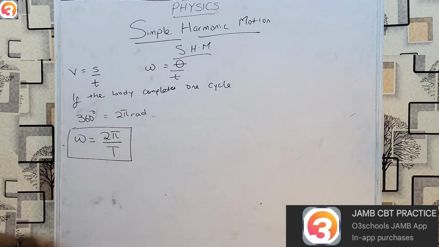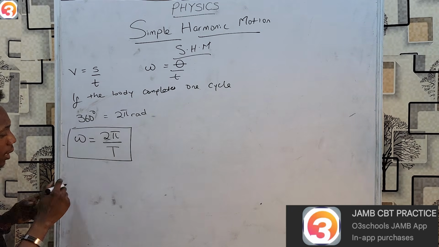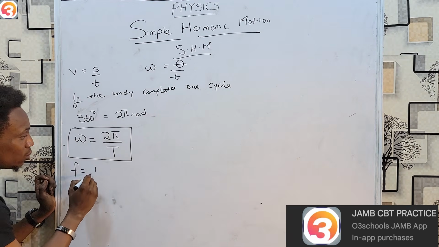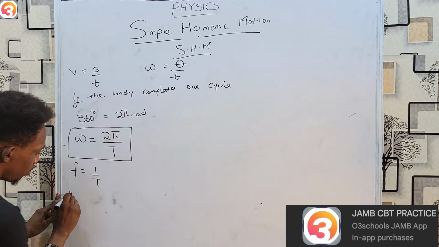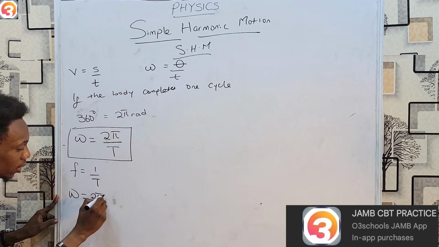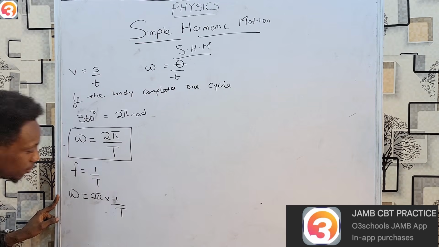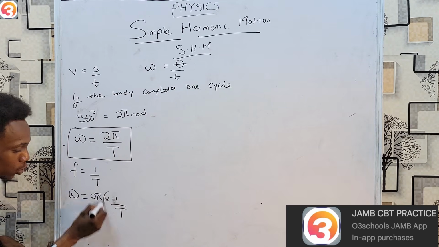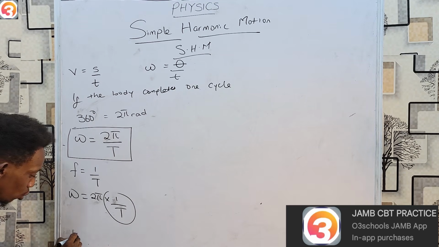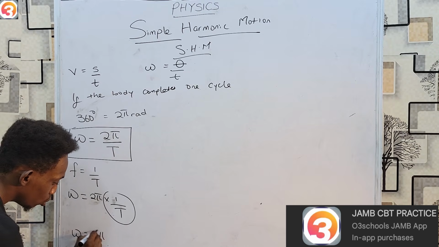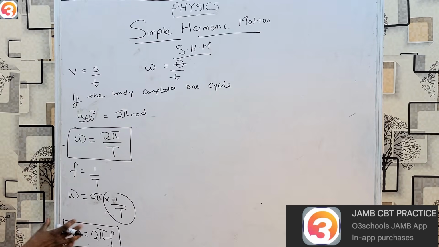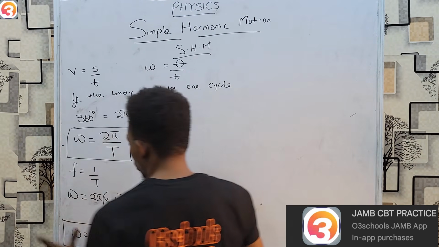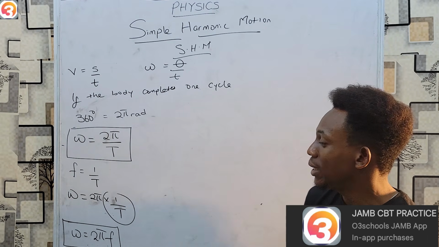However, after knowing this formula, is there something else I could do with it? Yes, I could remember that f equals 1 over T. And this is the same thing as saying omega equals 2 pi times 1 over T. Therefore, I can replace 1 over T and simply say omega equals 2 pi f. So you see, these are two of my formulas to solve for angular velocity.